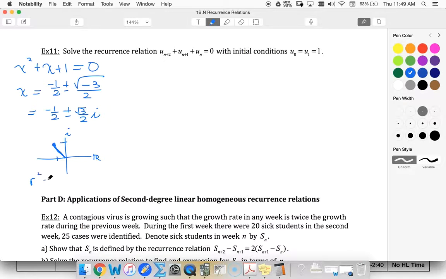So I know r squared is 1/2 squared plus √3/2 squared, which is 1. So my radius length is 1. I also know by inspection that this being -1/2, this being √3/2, that is going to give me this angle here. That angle is 2π/3.